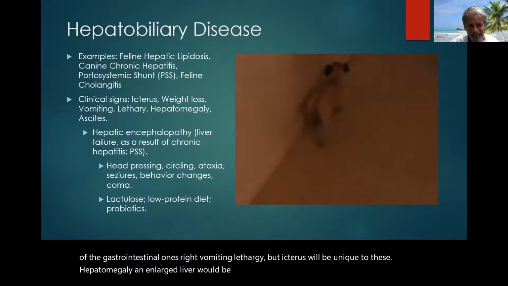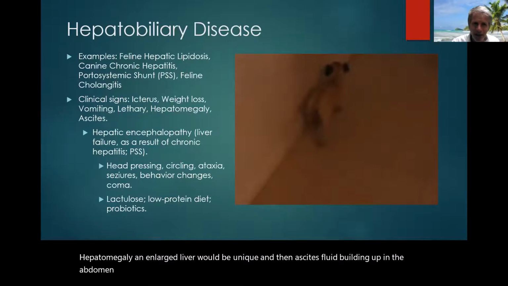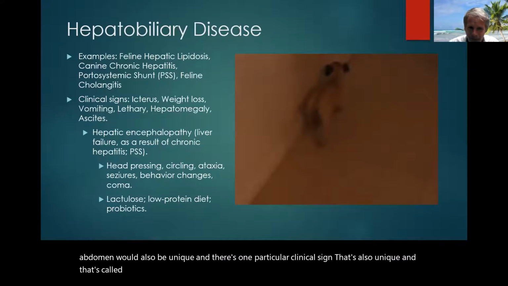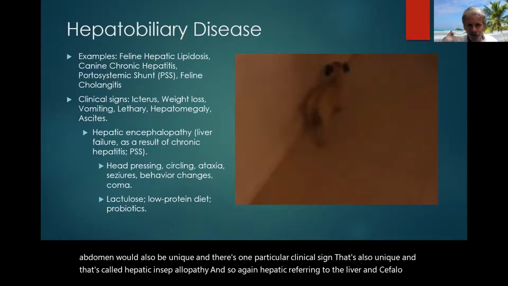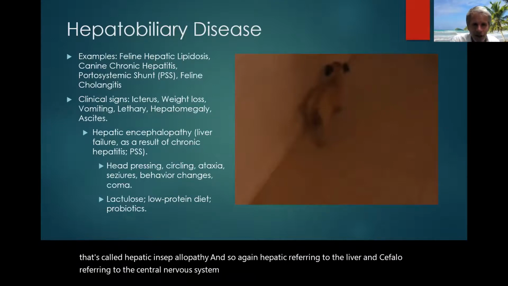And then ascites, fluid building up in the abdomen, would also be unique. And there's one particular clinical sign that's also unique, and that's called hepatic encephalopathy. Again, hepatic referring to the liver, encephalo referring to the central nervous system, and pathy referring to a disorder. And this happens due to ammonia levels building up.